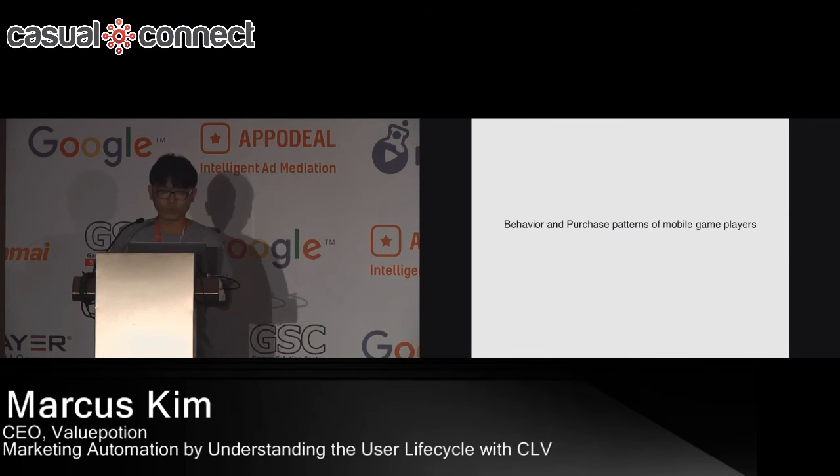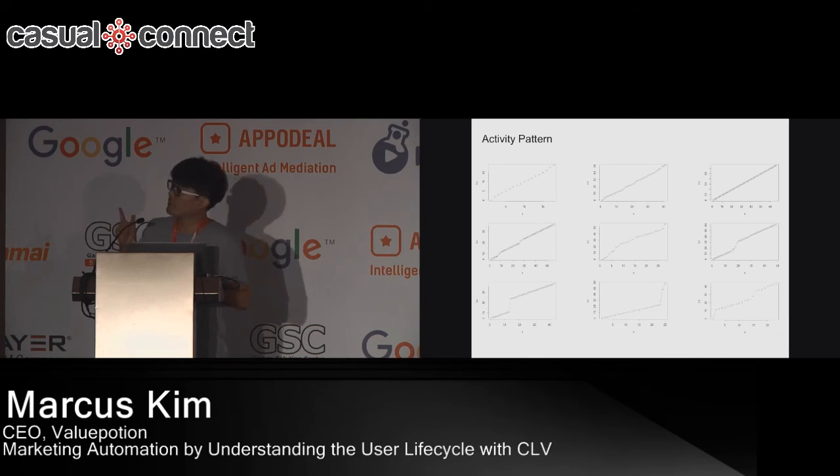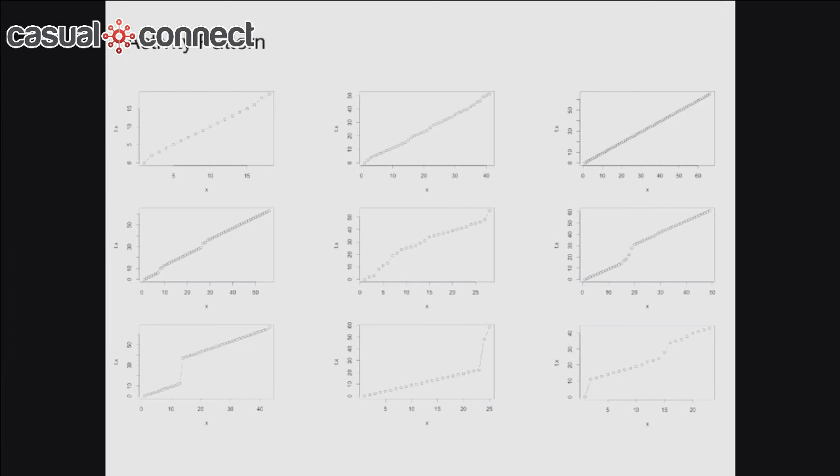In order to design the customer lifetime value prediction model for mobile apps, we looked into user behavior and purchase patterns from a revenue perspective. This chart shows randomly extracted user activities of churned out users.